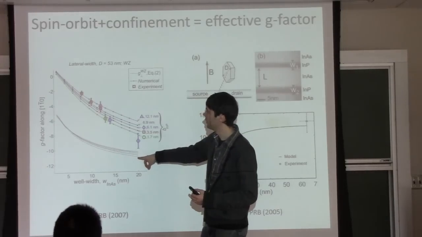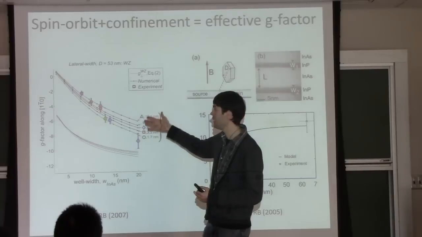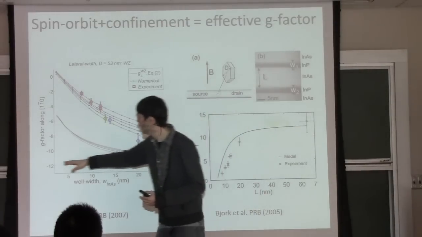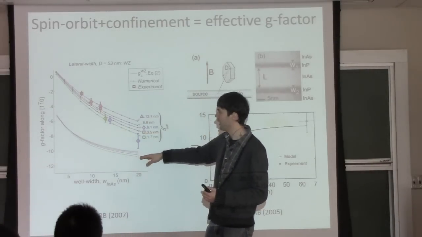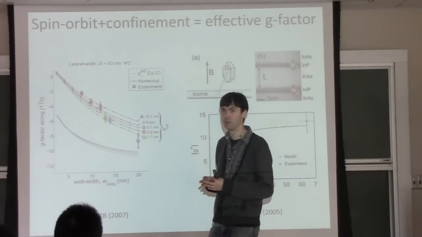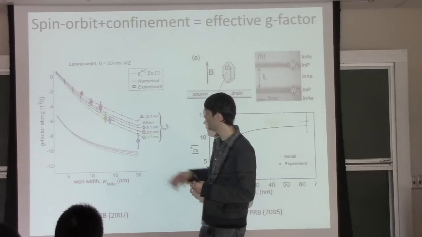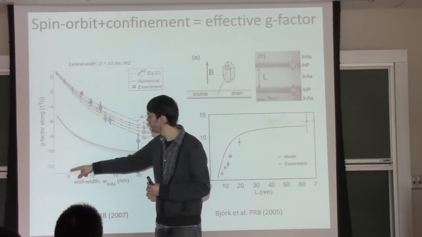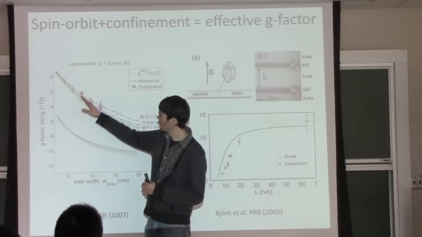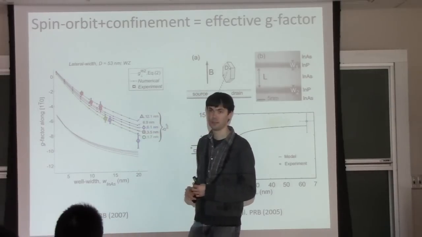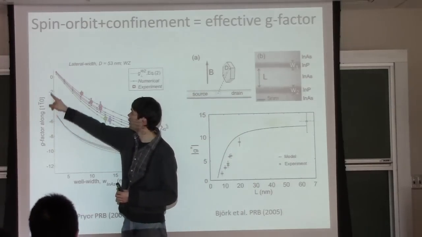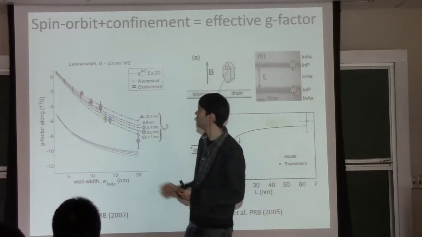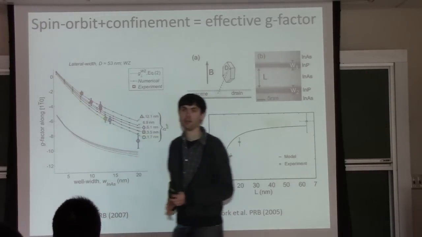Remember, I was saying minus 15 for indium arsenide, so they are at around minus 11. So it's already confined compared to the bulk, but it is very large. And as they shrink the disk, the g factors decrease. They become smaller until they tend towards plus 2.